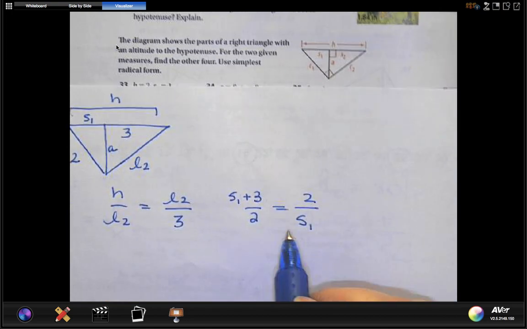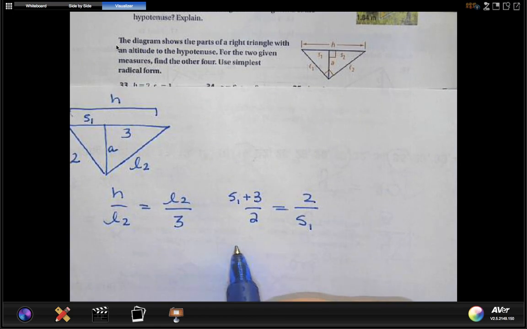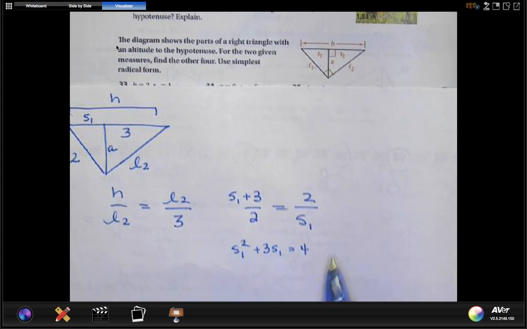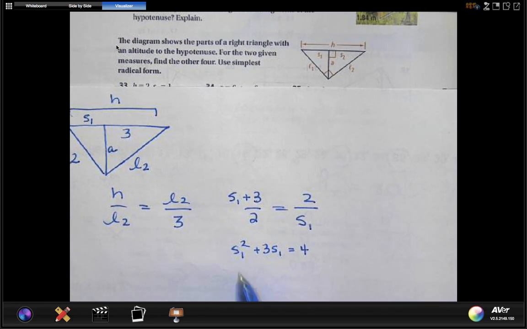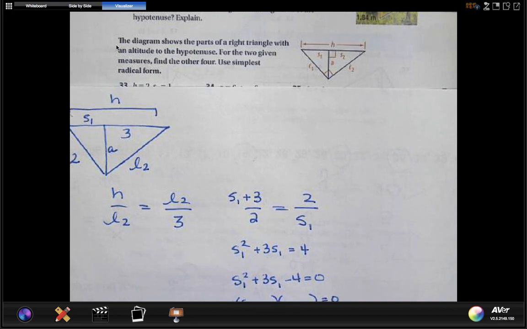So to solve this, I can cross multiply here. So I have S1 squared plus 3S1 is equal to 4. I'm going to move the 4 over here because I have a quadratic. So what two numbers can I multiply to get negative 4, but when I add them together, I get positive 3?